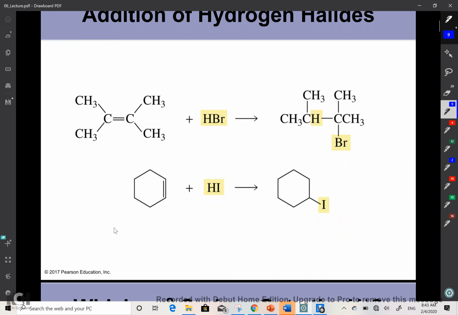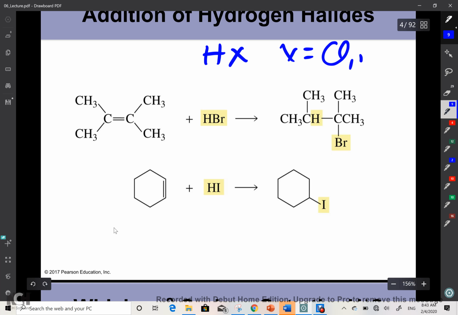Let's think about the addition of hydrogen halide, meaning HX. When we talk of hydrogen halide, that simply means HX. X could be chlorine, bromine, or iodine.